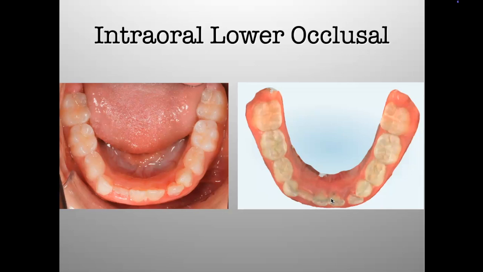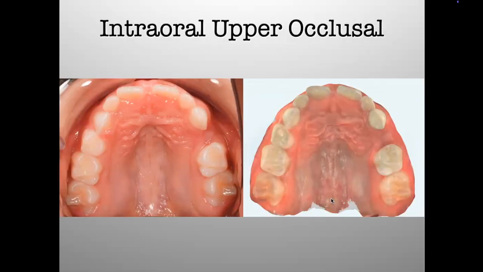Lowers would be retroclined inward, and the uppers would be flared outward. So when we look at the lower arch, there's not really a huge amount of compensation showing up in our photos here.